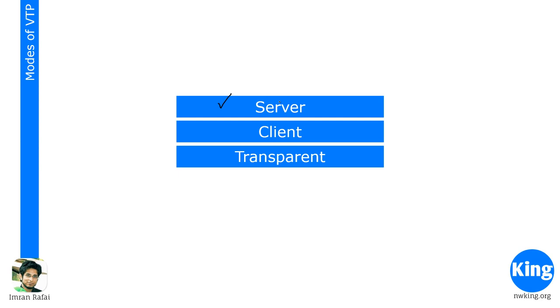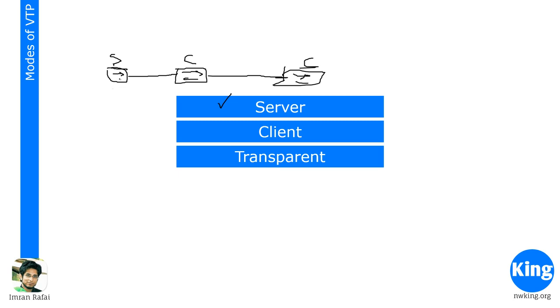So let's start with server. VTP server means this is where you can make changes. If you put a switch in VTP server mode, and by default all switches come as VTP server, that means you can make a change. So if this is switch 1, sorry, my writing is really bad, and this is switch 2, and this is switch 3, and if this is server and these are clients, you can only add new VLANs at the server, right?